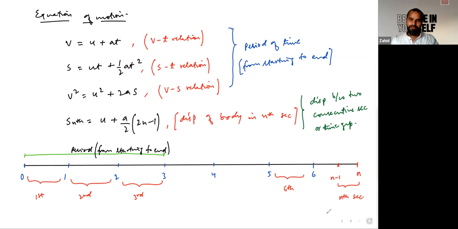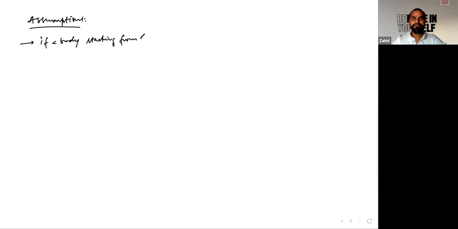So how to solve any problem related to these? First, there are some assumptions. If a body starts from rest, the initial velocity of that particular body would be 0.